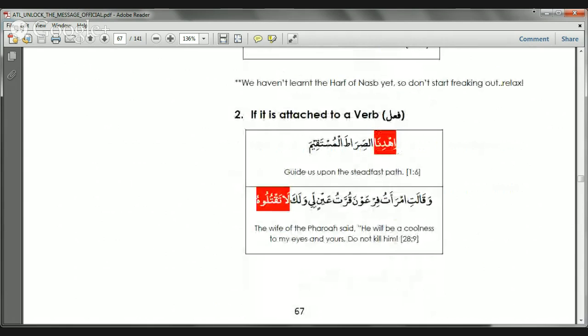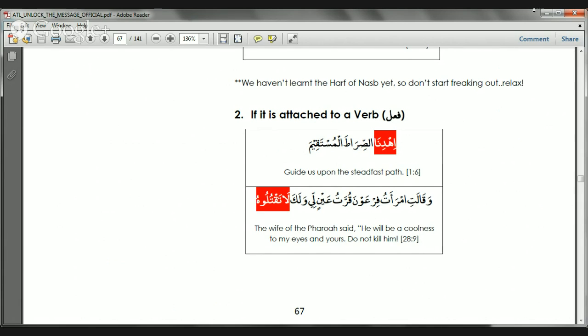Number 2, if it is attached to a verb. Attached to an ism or attached to a verb? Verb. Ihdina, guide us. We are asking Allah, it's a commanding verb, guide us. Ihdina. وقالت امرأة فرعون قرة عين لي ولك لا تقتلوه. The wife of Pharaoh said, he will be a coolness to my eyes and yours.